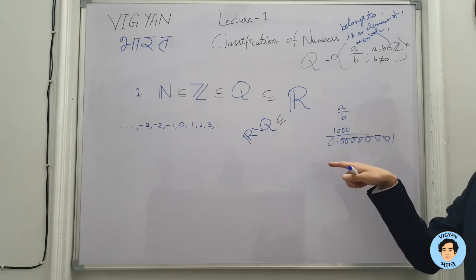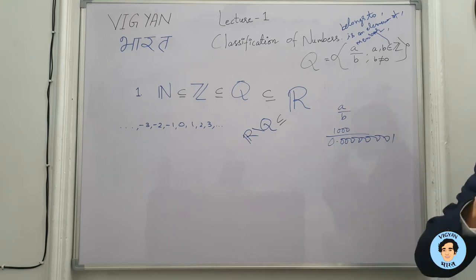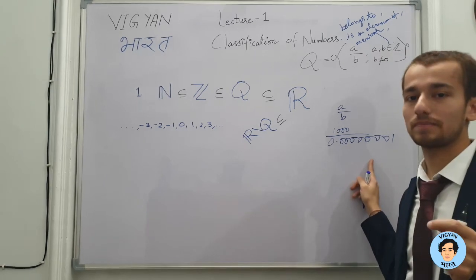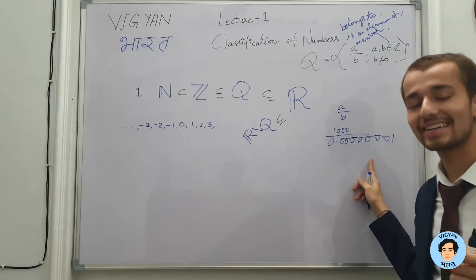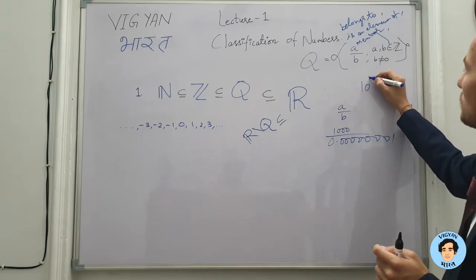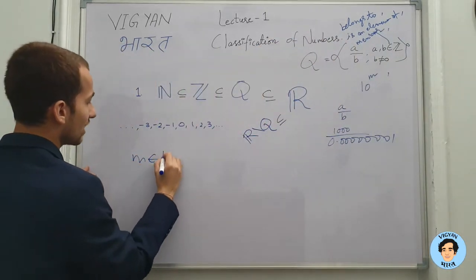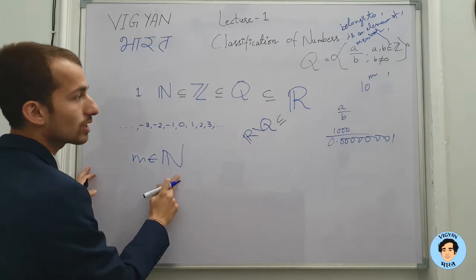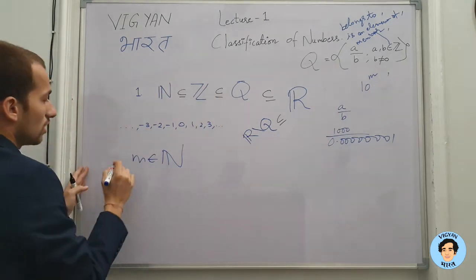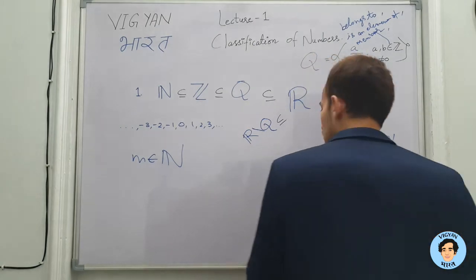If you find the result, the number is so large, and if you keep increasing these strings of zeros, you will find that the result comes out to be 10 raised to the power m, where m is again an element of capital N, meaning m has to be a natural number, a positive integer. If this m is so big, the number is, there's a term for it, unbounded.